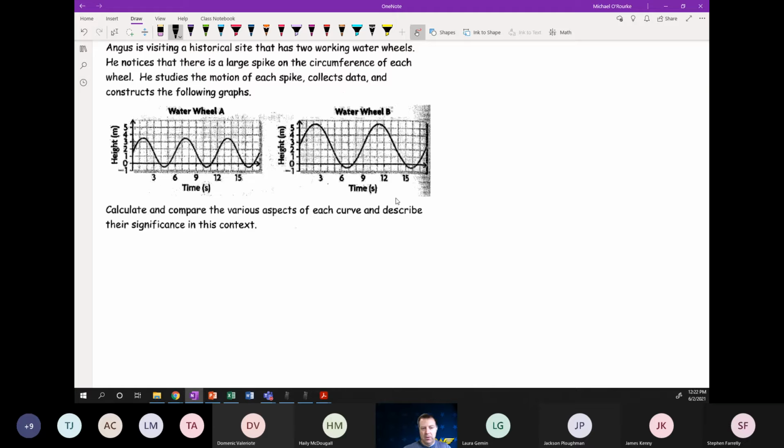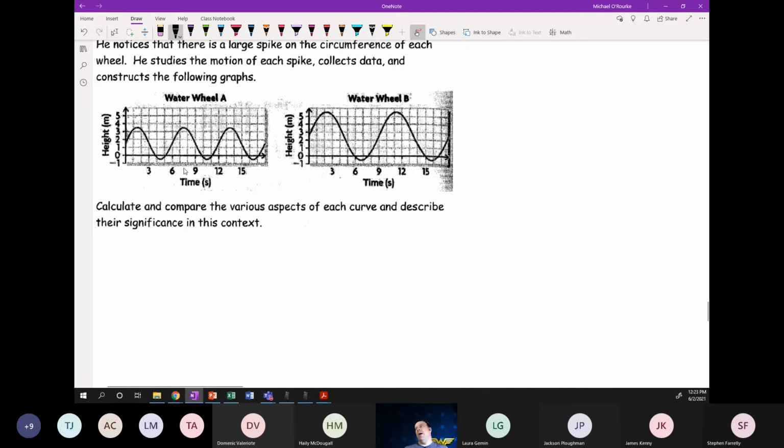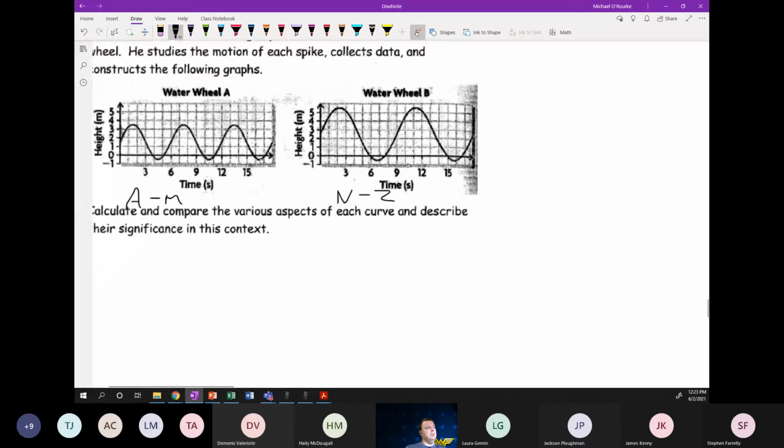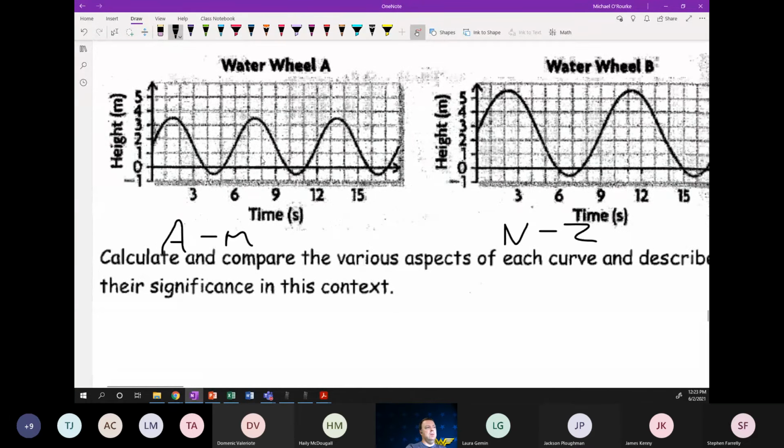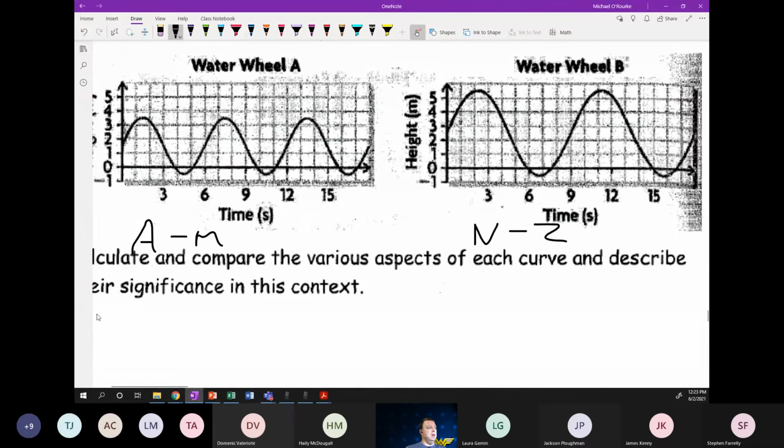Okay, so I want you to go through, and how about if your name starts with the letter A through M, you're going to do water wheel A. Okay, so A through M, and then N through Z are going to do water wheel B. I'll zoom in, and let's look at, I'll write down what I want you to look at here.